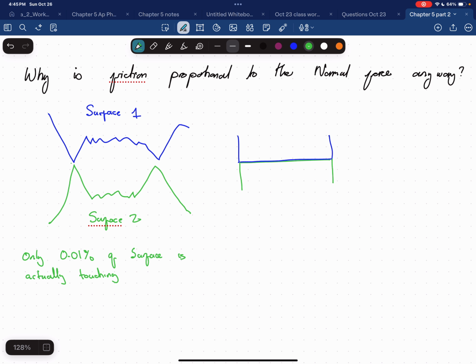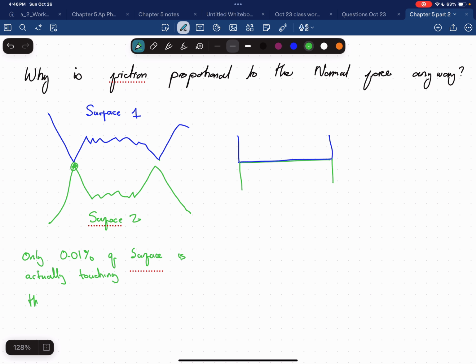This right here is the 0.1%. It is those contact points that cause friction. Now the normal force comes in because the stronger we compress surface 1 and surface 2, the more contact points we'll make.